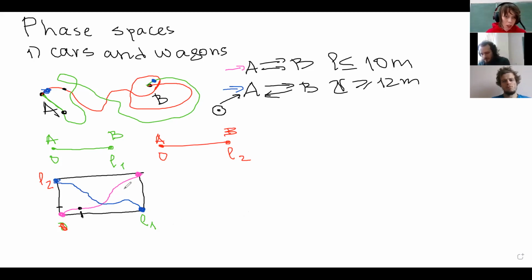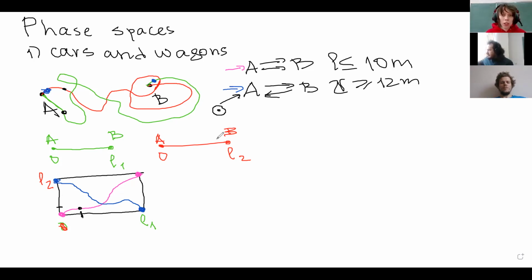They can go like this. So at this point, the wagon which goes along the red road is at point B, and the wagon which goes along the green road is at point A.